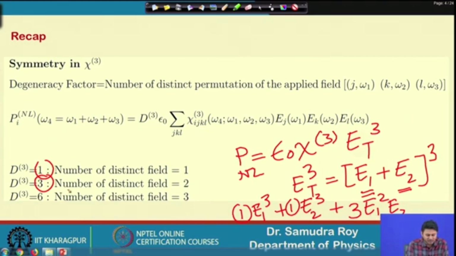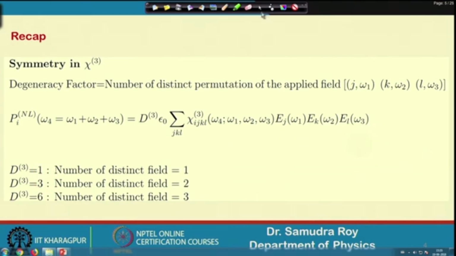So, we have 3 here, and in another case we have 3 E2 square E1. This is also possible, and here also we need to write 3 because there are two distinct fields and one field is different.